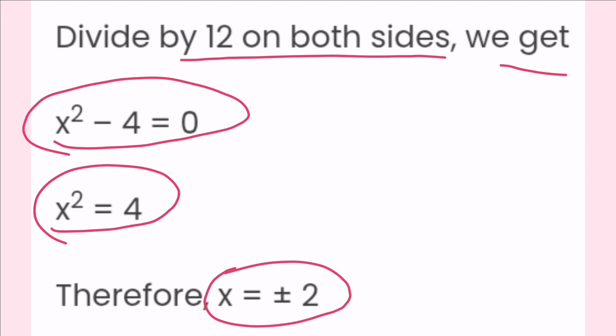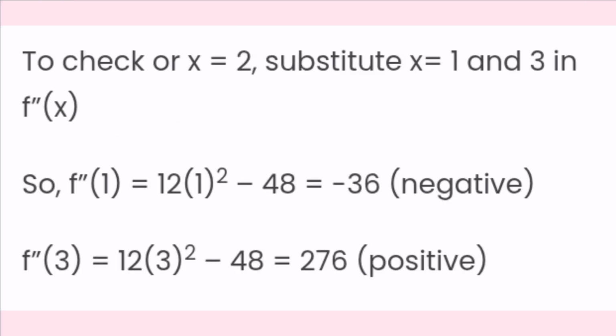Now we have to check whether plus or minus 2 is an inflection point or not. To check x is equal to 2, substitute x is equal to 1 and 3 in the second derivative.